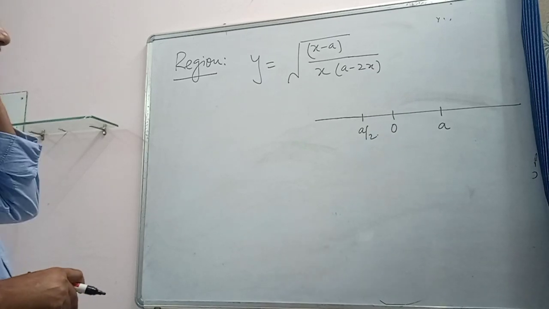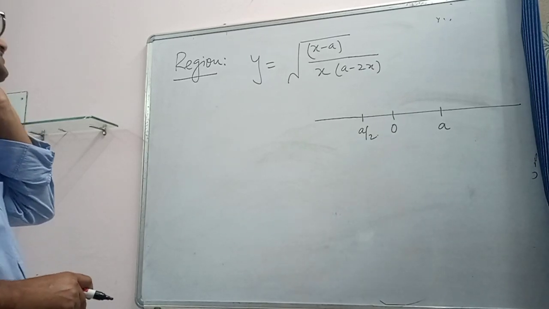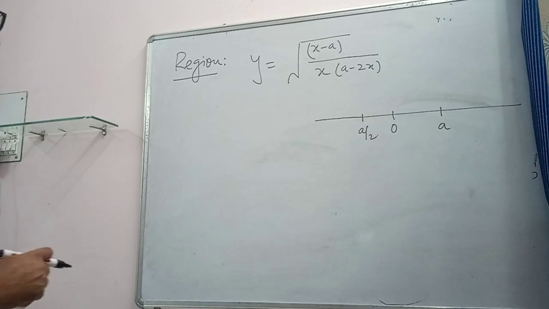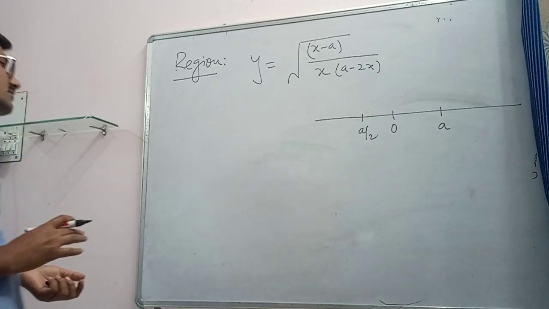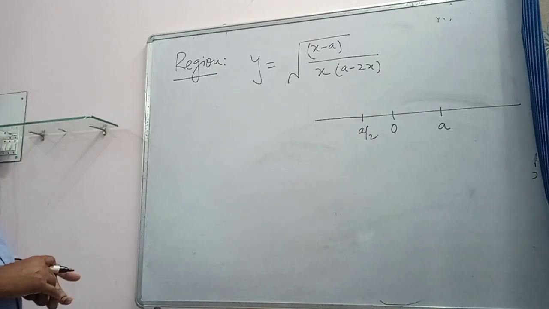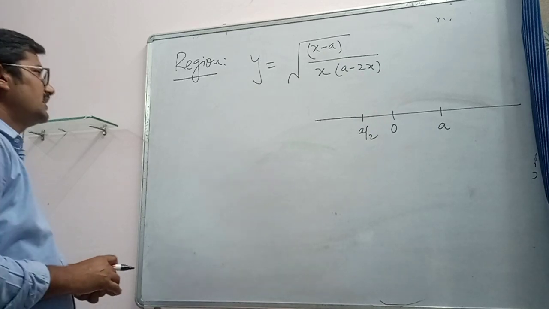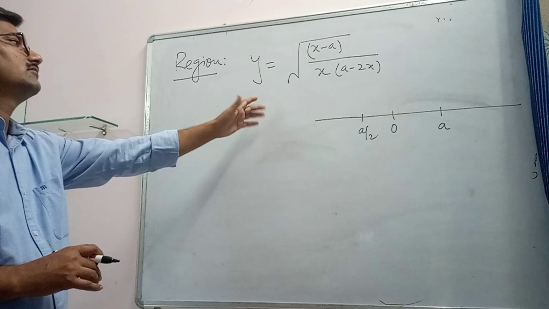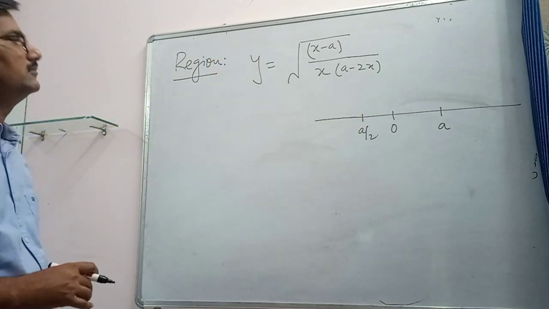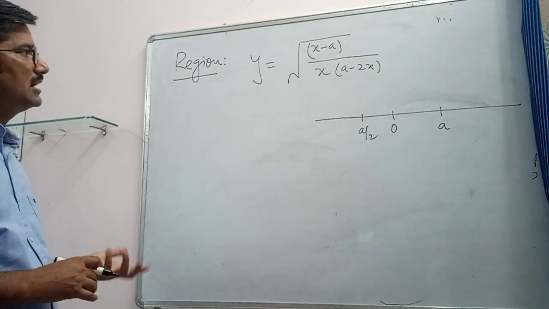So the next and last point of curve tracing is the region. It means we have to decide where the curve lies or where the curve does not lie. We can solve the equation of the curve either for y or for x.